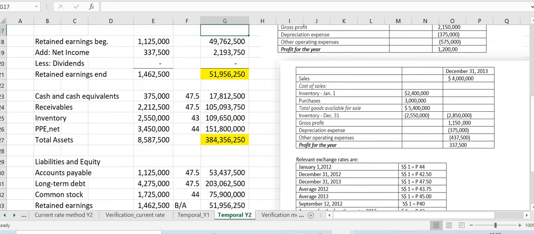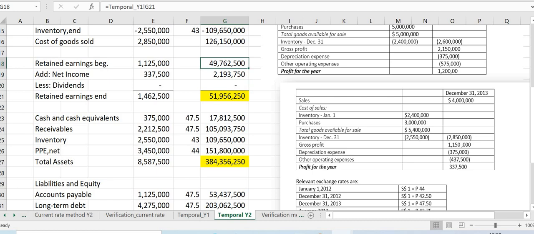And then we work back to net income. Since we don't have dividends, deduct retained earnings beginning. So your net income, remeasured in pesos, is actually 2,103,750. So in that 2,103,750, whatever the remeasurement gain or remeasurement loss during the year is already included. Okay?